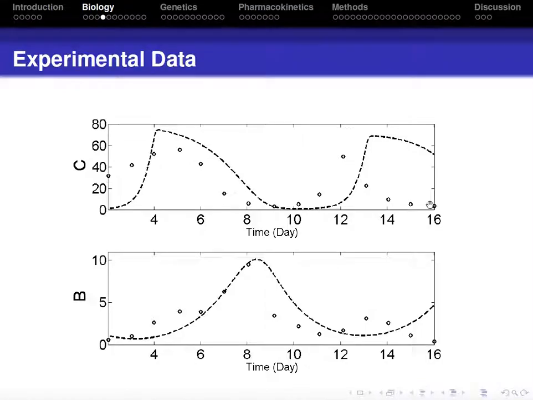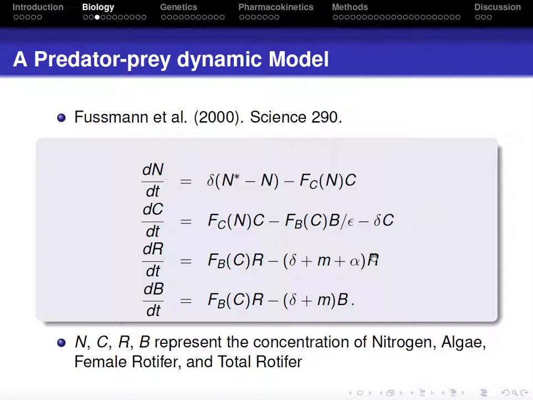in these ODE systems, actually there are many parameters. For example, M represents the mortality rate of the rotifer, and alpha represents the decay rate of the rotifer when they lose their reproducibility. And this epsilon represents the consumption rate of the rotifer eating the algae, right?